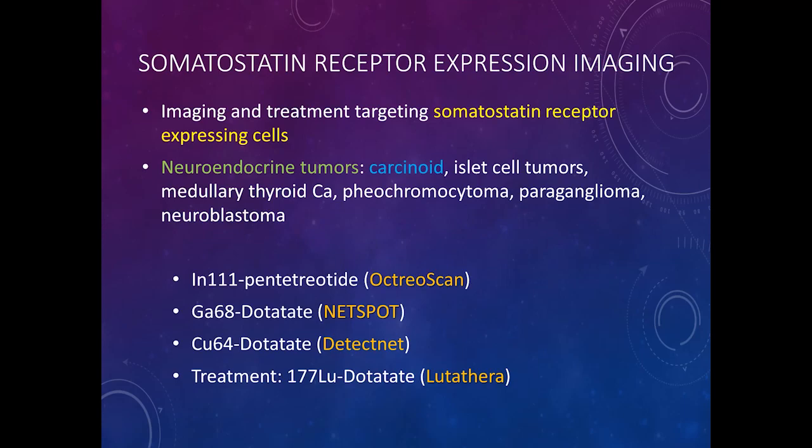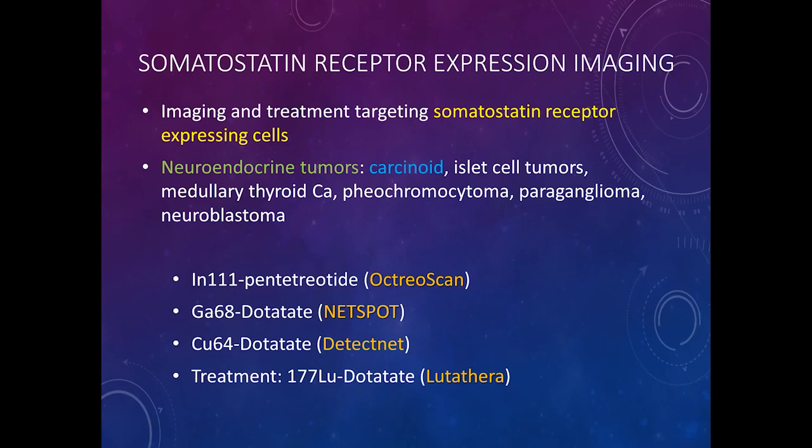OCTREOSCAN, gallium-68 labeled DOTATATE, which is called NETSPOT. This is a PET radiotracer. And another recently approved PET radiotracer is copper-64 labeled DOTATATE. Its brand name is DETECTNET. And again, we did the same trick as with MIBG.